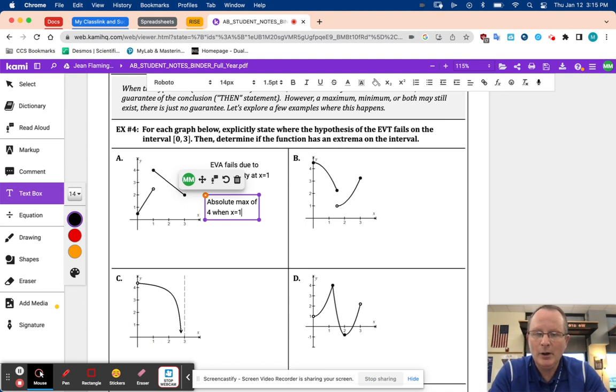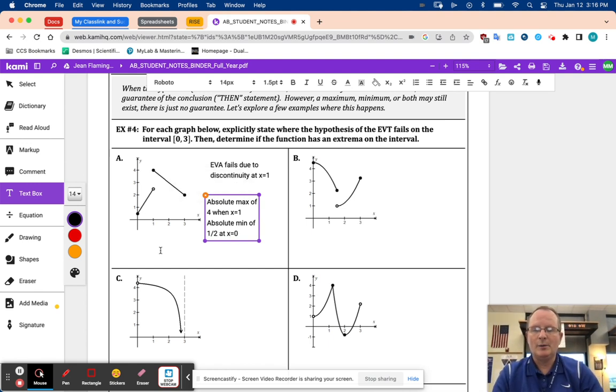And also, we have an absolute min of, looks like about a half, at x equals 0. Which is really cool because one of our endpoints was an absolute minimum. We said that could happen, and then the maximum was not an endpoint, but it can be.